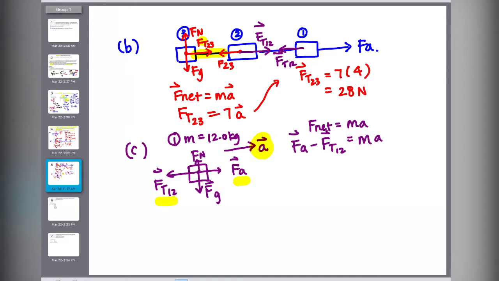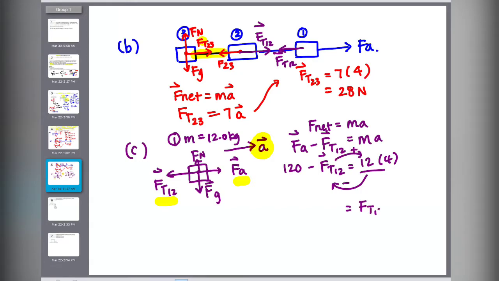I'm going to plug in the numbers that I know. Fa is 120. That was given in the question. Ft12 we don't know. I know the mass for block 1, which is 12, and I calculated the acceleration to be 4. If I rearrange the equation and solve for this, I need to bring this over by subtracting, and then bring this over by adding.